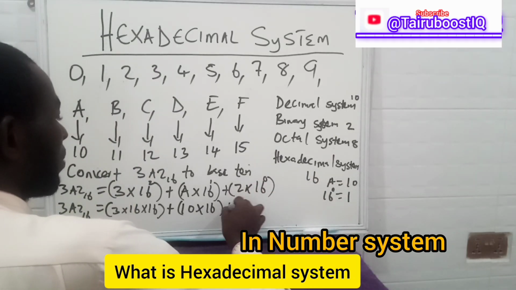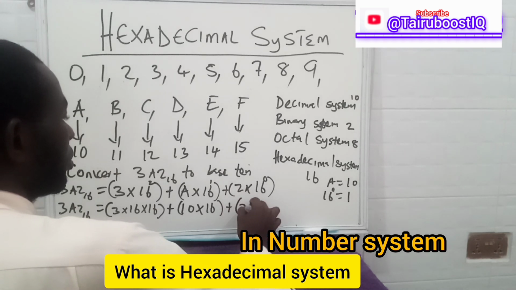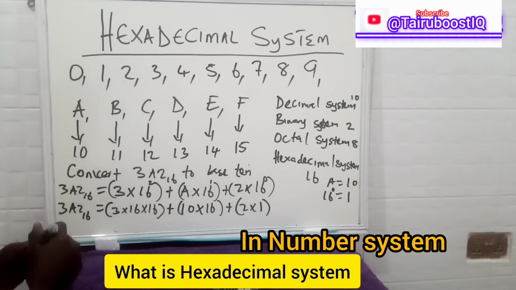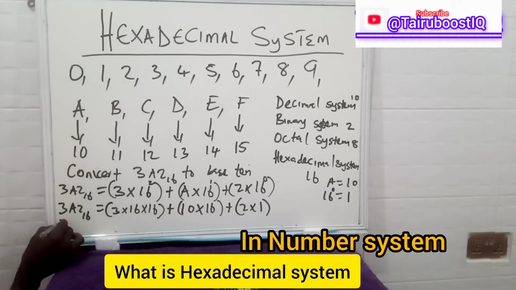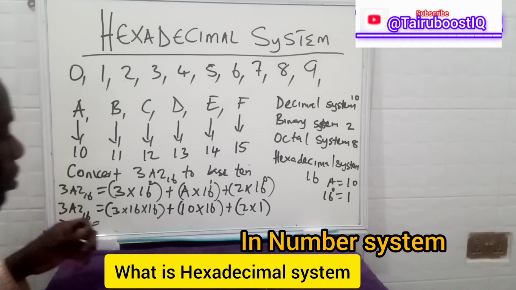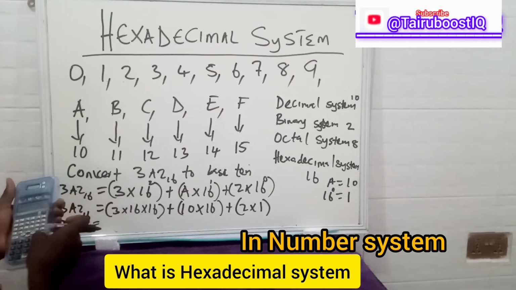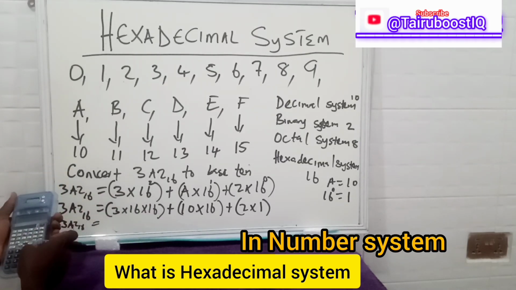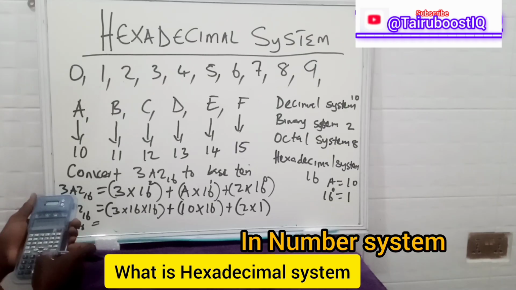Then we have plus 2 times 1. Then 3A2 in base 16 will be equal to, we'll pick our calculator to avoid error, 3 times 16 times another 16.